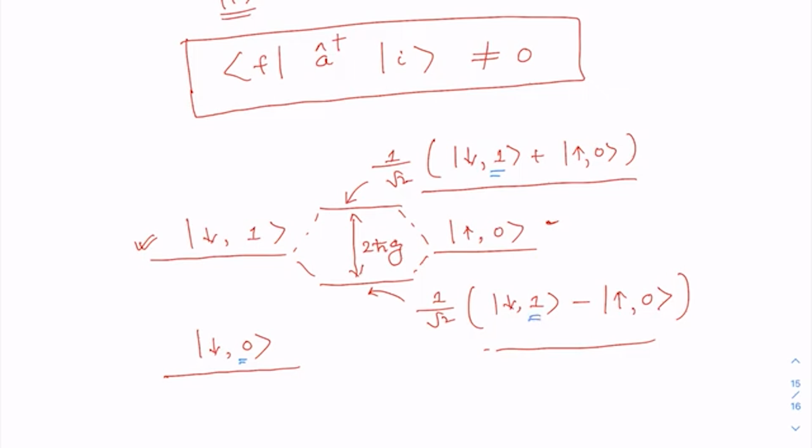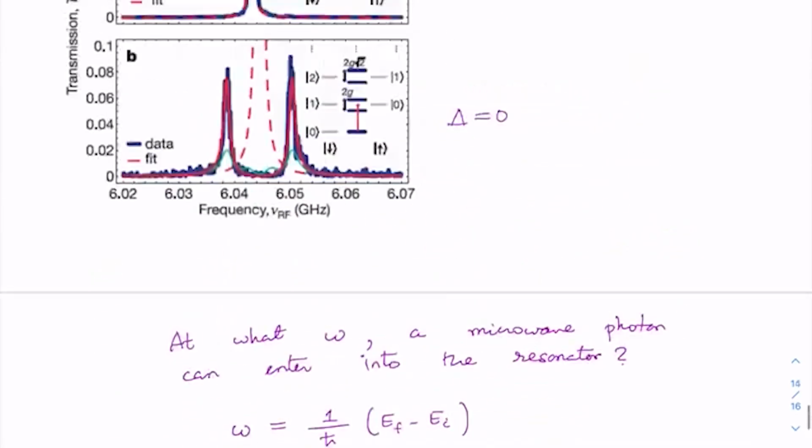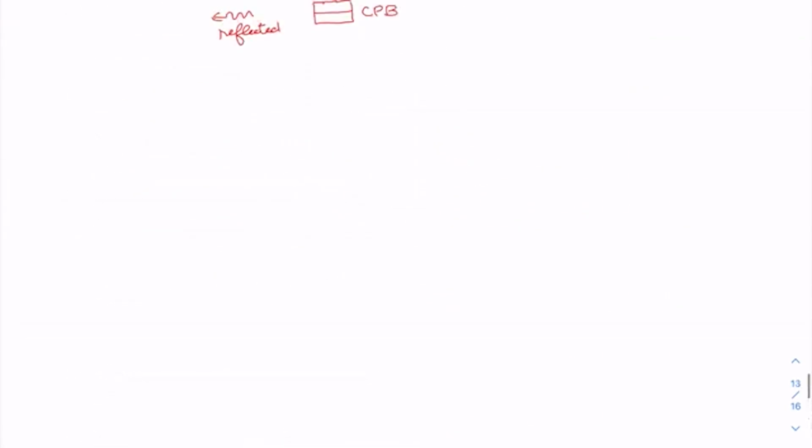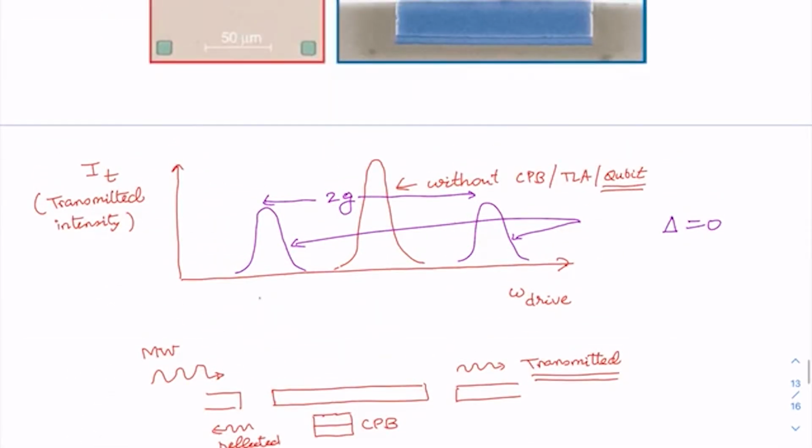So clearly two transitions are possible. One transition would be this one and another transition would be this one. Therefore, it is easy to see the reason behind observing these two peaks. Because of these two possible transitions, we get two peaks.